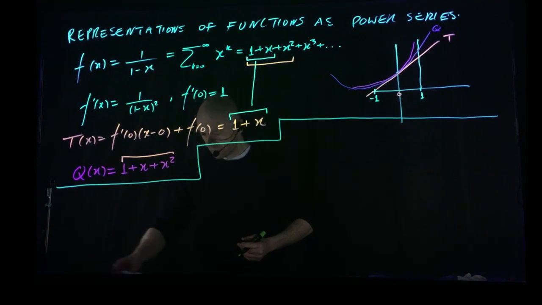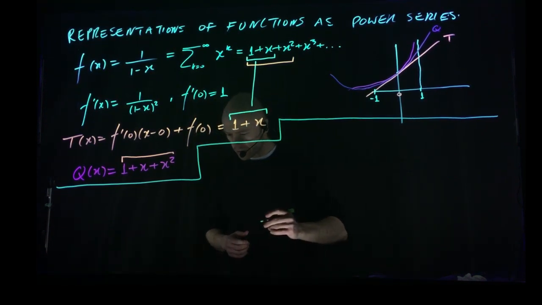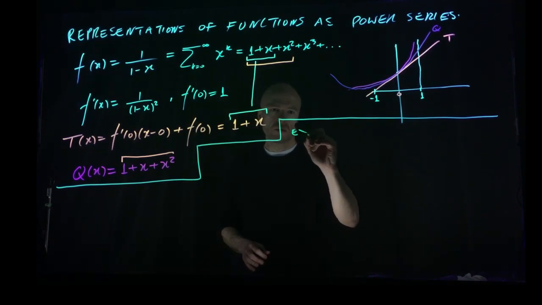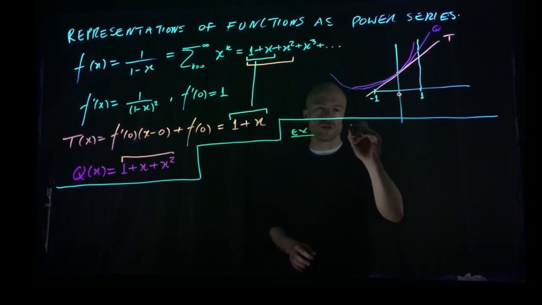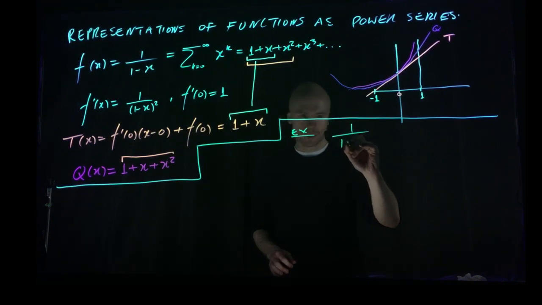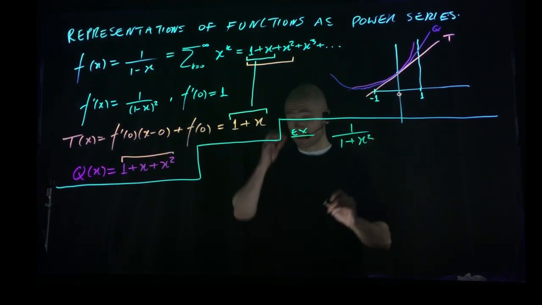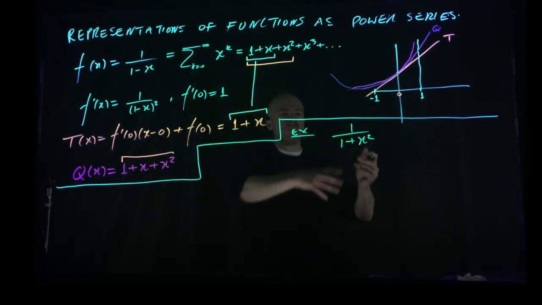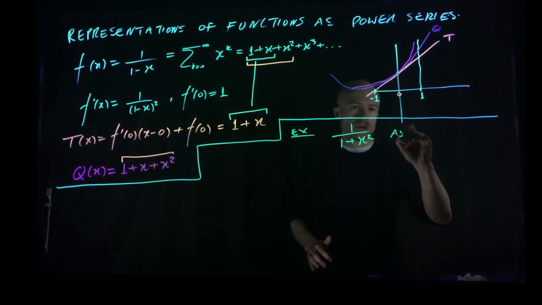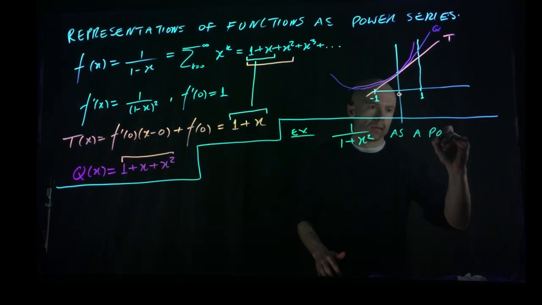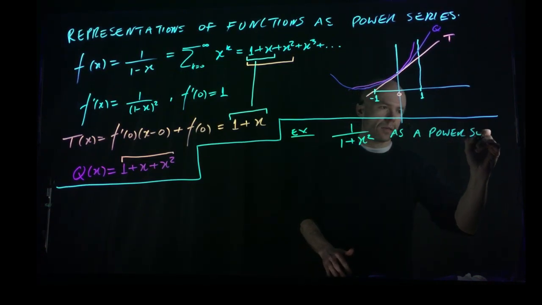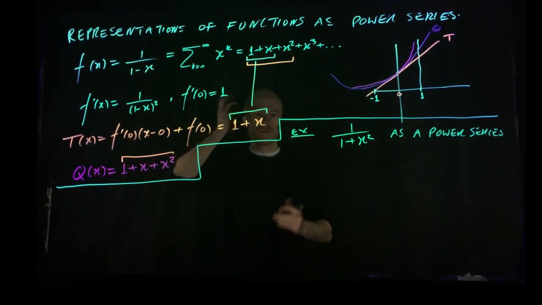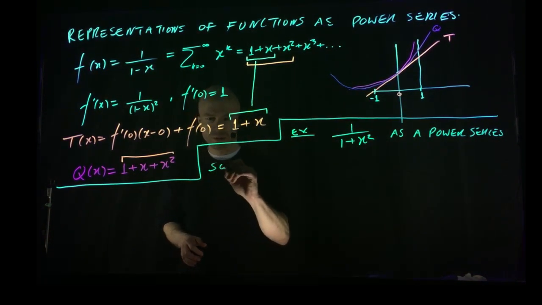So first example is this one. Let's take this function, 1 over 1 plus x squared. Now, this is not immediately obvious as something we can just use this geometric series formula for, but it's not that hard either.